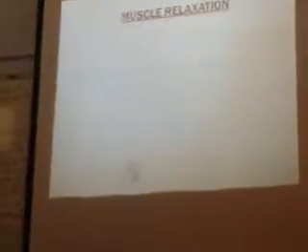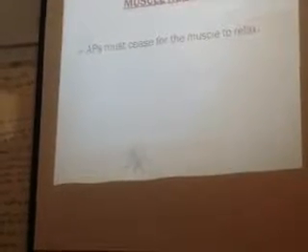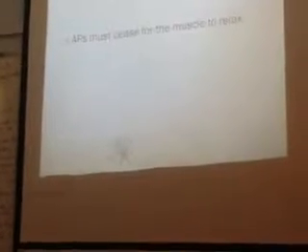Then muscle relaxation. What are the things important for muscle relaxation? The muscle has to relax, so what things should occur? First, the action potential must cease. It should stop, and then only relaxation occurs.